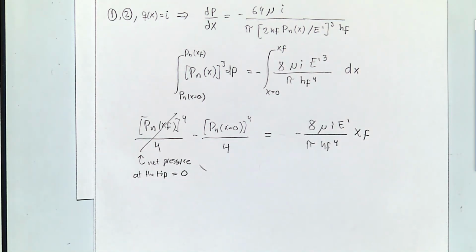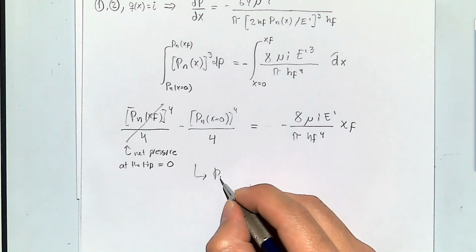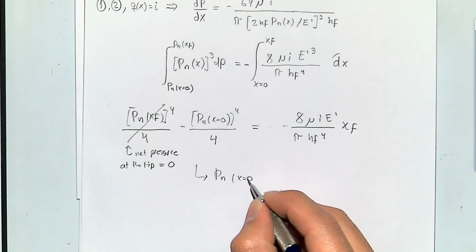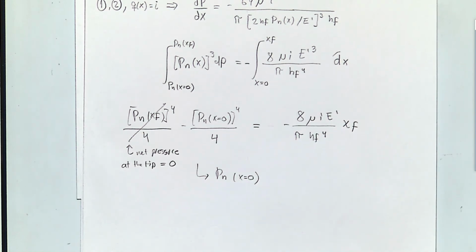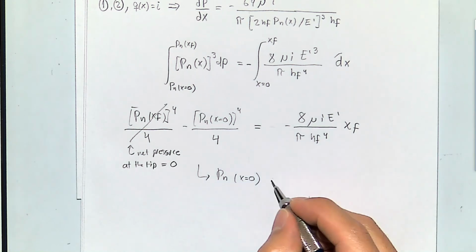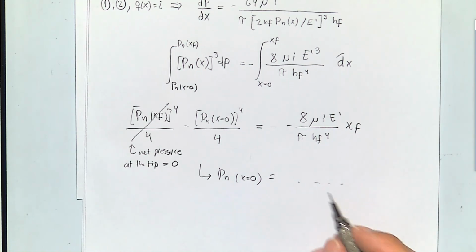So as I was saying, from here we can get what is Pn at the wellbore, and using the equation, well, let's just go ahead and write it.